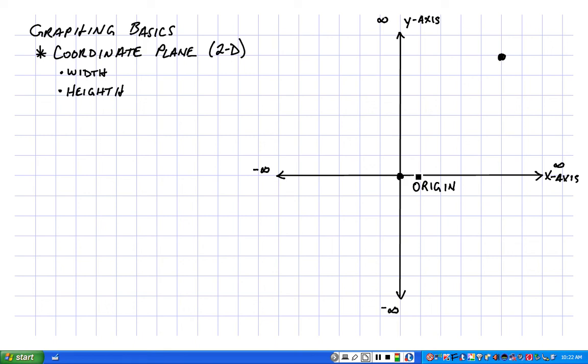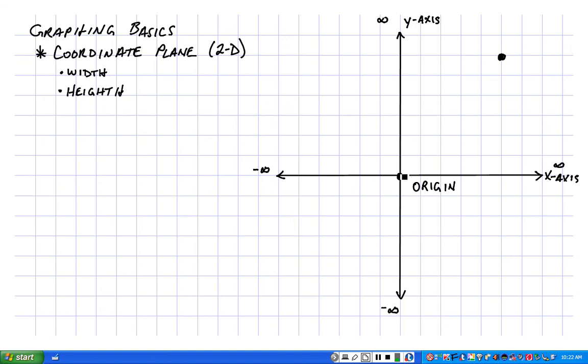And that's the purpose of the x and y axes. Okay, to allow us to identify a location of some point in a given space, in this case located on a two-dimensional plane.